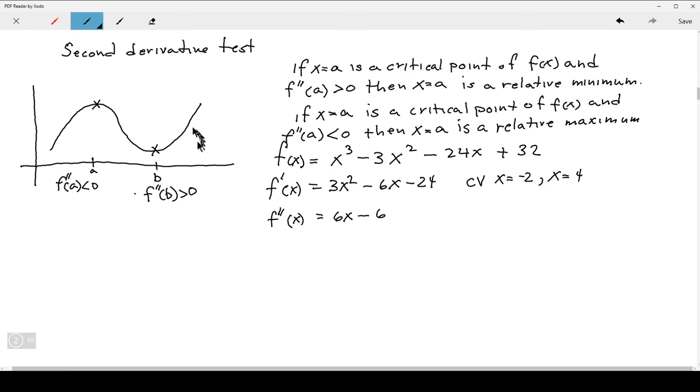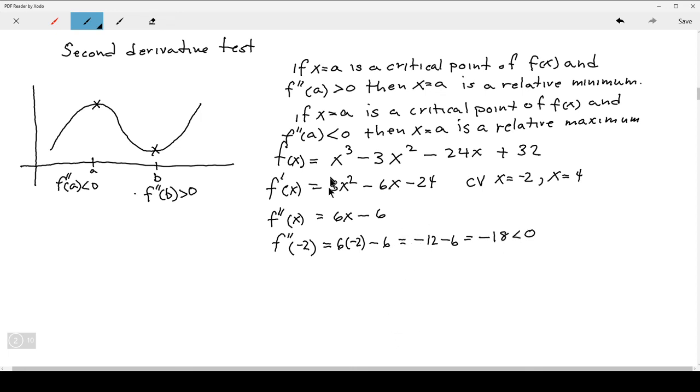If I take f double prime of -2, I am going to get 6 times -2 minus 6, which is minus 12, minus 6, which is minus 18. That is negative.